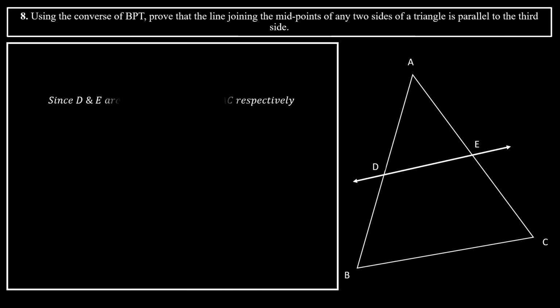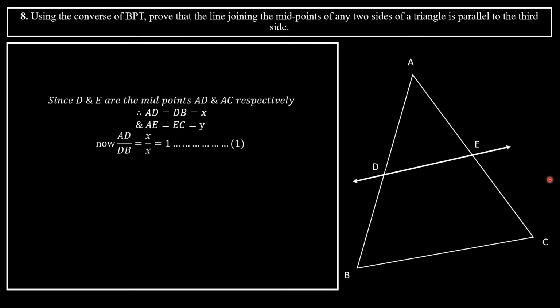Since D and E are the midpoints of AB and AC respectively, AB is divided into two parts, AD and DB, and let the length of both parts be x. Similarly, the length of AE and EC is y.